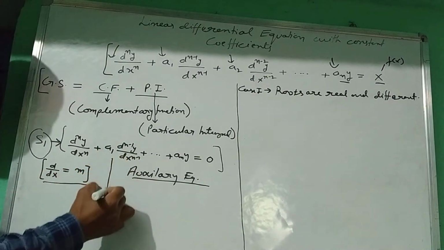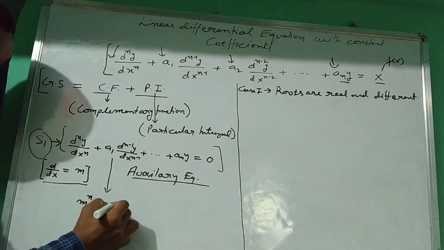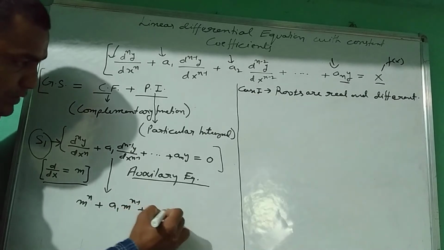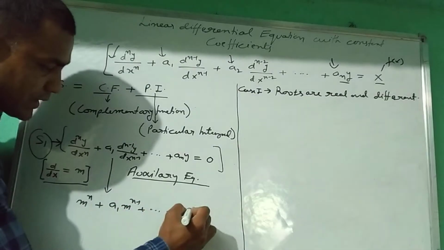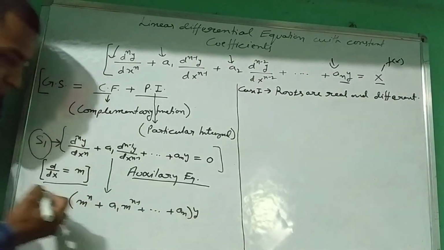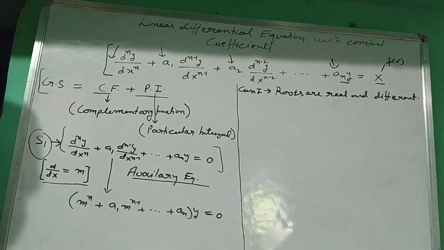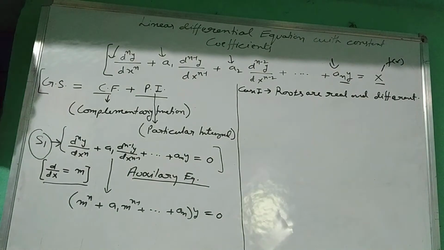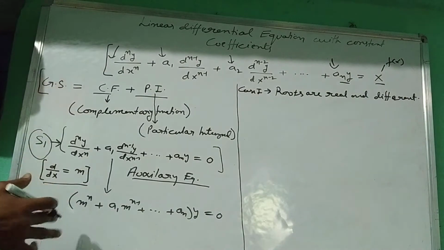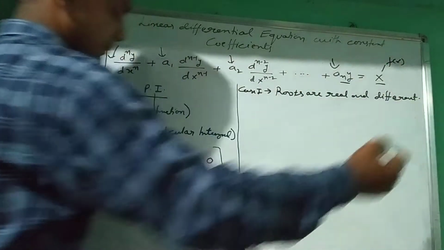So the equation converts to m to the power n plus a1 m to the power n minus 1, and so on, plus an, and we can take y outside of this bracket, and the right hand side is equal to 0. Only for finding the complementary function we can do this. For finding the particular integral we use the right hand side function.